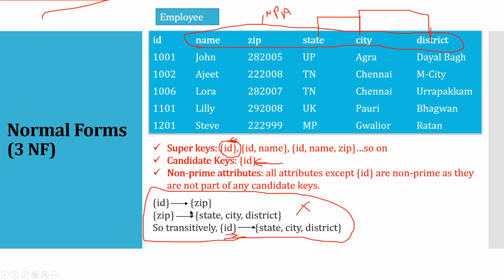And we already know that ID is a candidate key as well as a super key.